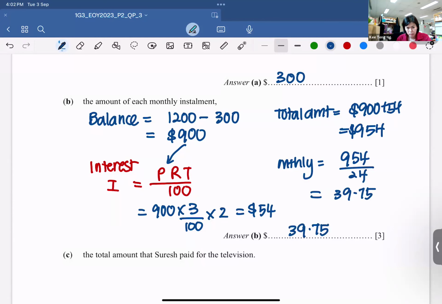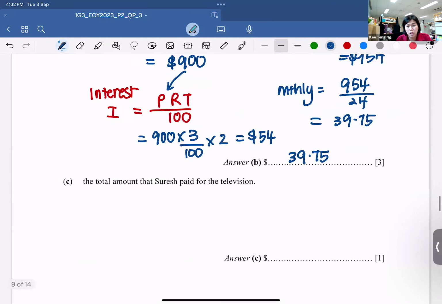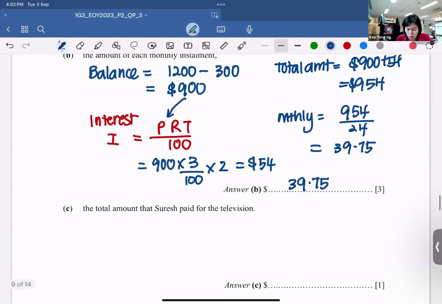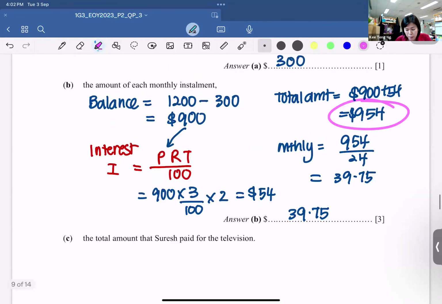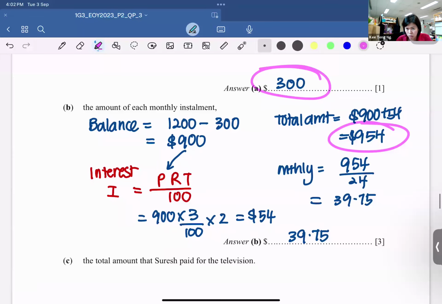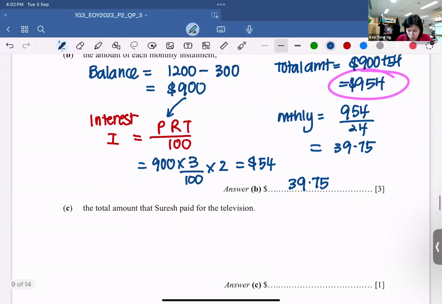Okay. Now find the total amount that Suresh paid for the television. I paid my total amount here, but that's not all. I paid a $300 deposit. So the total amount will be 300 plus 954, which is 1254.